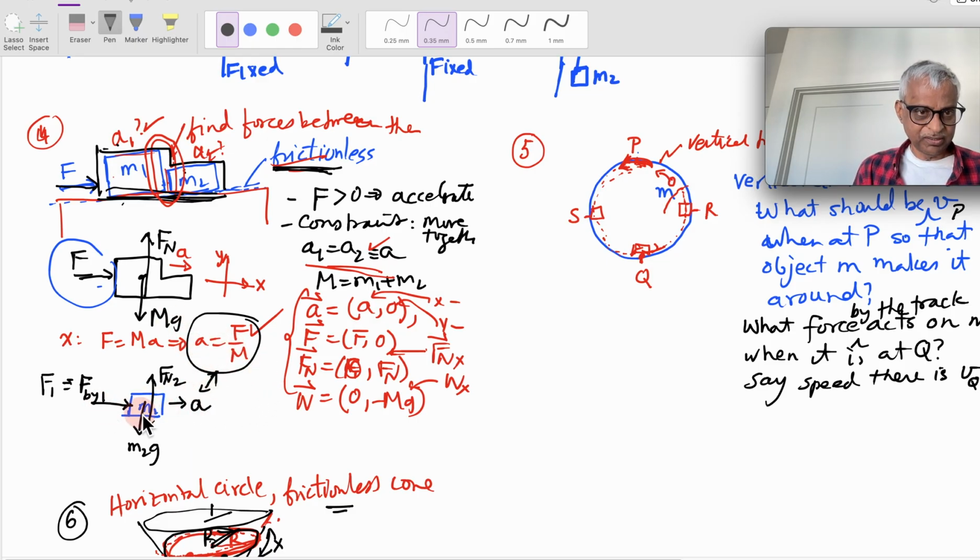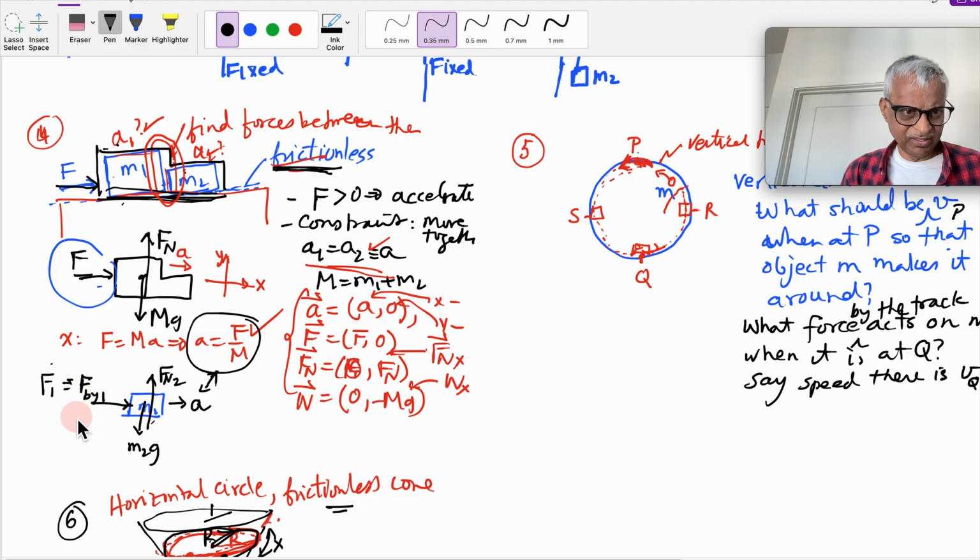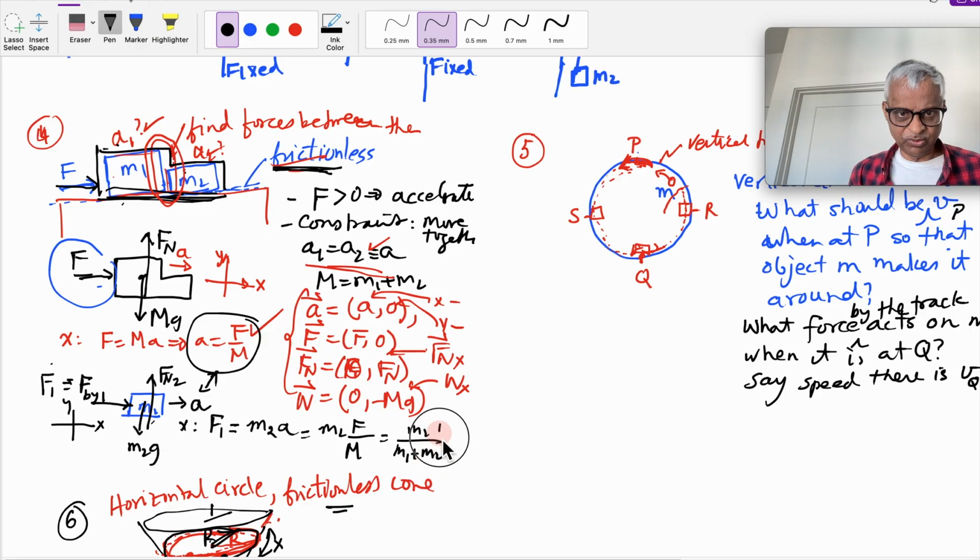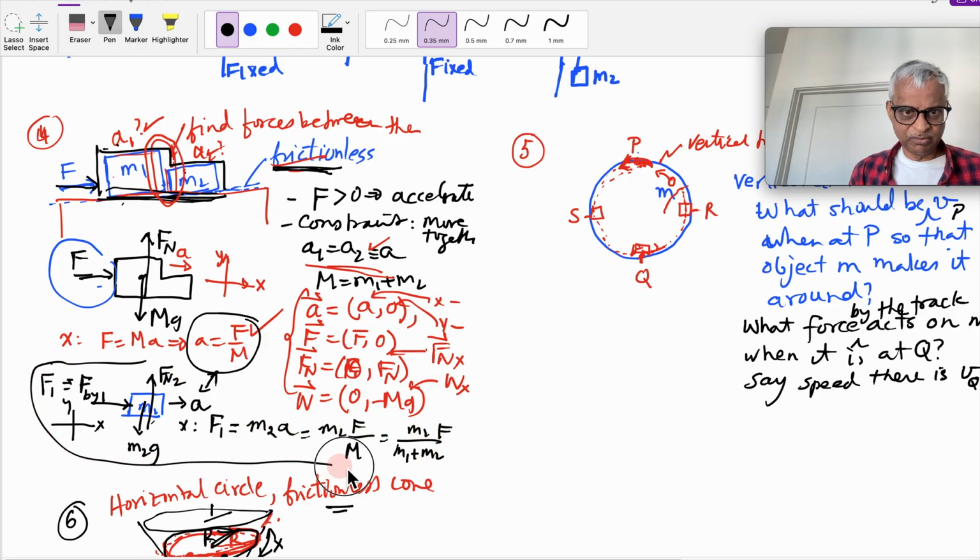From here, if we again do x and y, along x it's just F1, the force by 1 on 2, equals the mass of 2 times A, and A is F over M. So F1 equals M2 times F over capital M, which is M2 over M1 plus M2 times F. So we got this by looking at number 2.